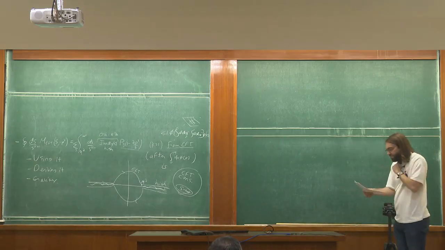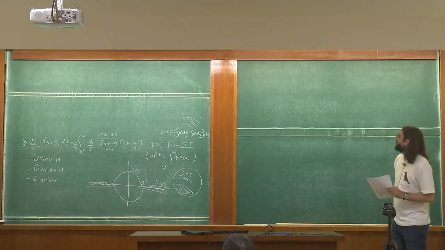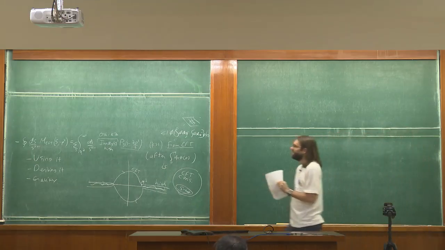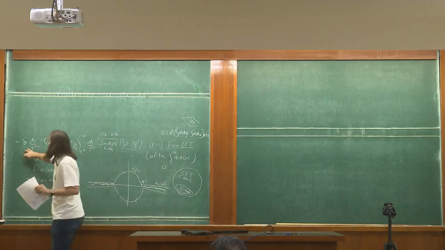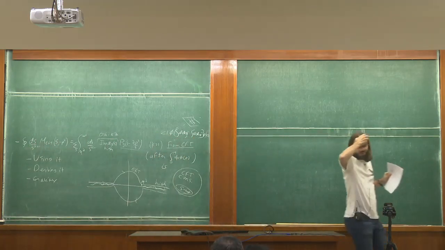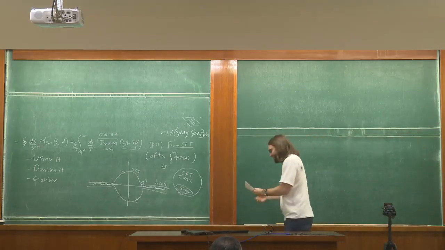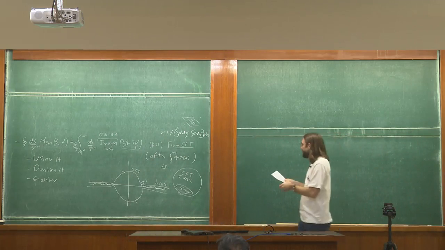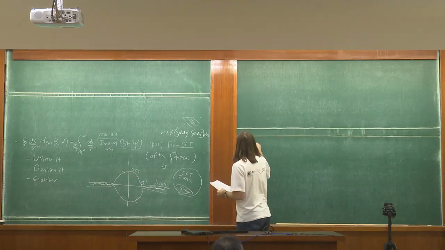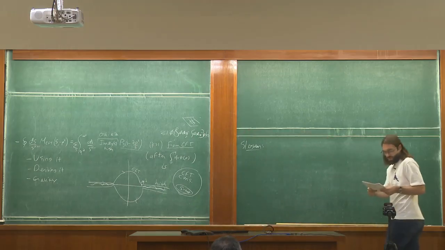Let's see. I'm wondering if I should start by saying a little bit. Maybe the first thing I could say is stating what the conclusion would look like for gravity. So let me start with the conclusion, and then we can think it through in the lecture. One of the slogans, the sort of picture that we want to elaborate on, is the following.